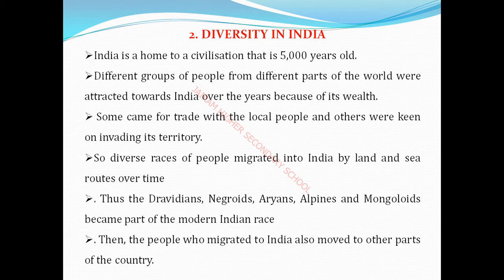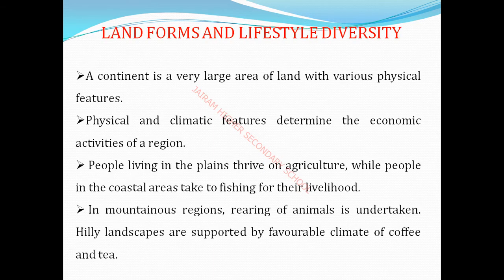Then the people who migrated to India also moved to other parts of the country in search of invading new territories, children. So whatever it may be, India is a land of various races. So diversity in India came together from 5,000 years ago.